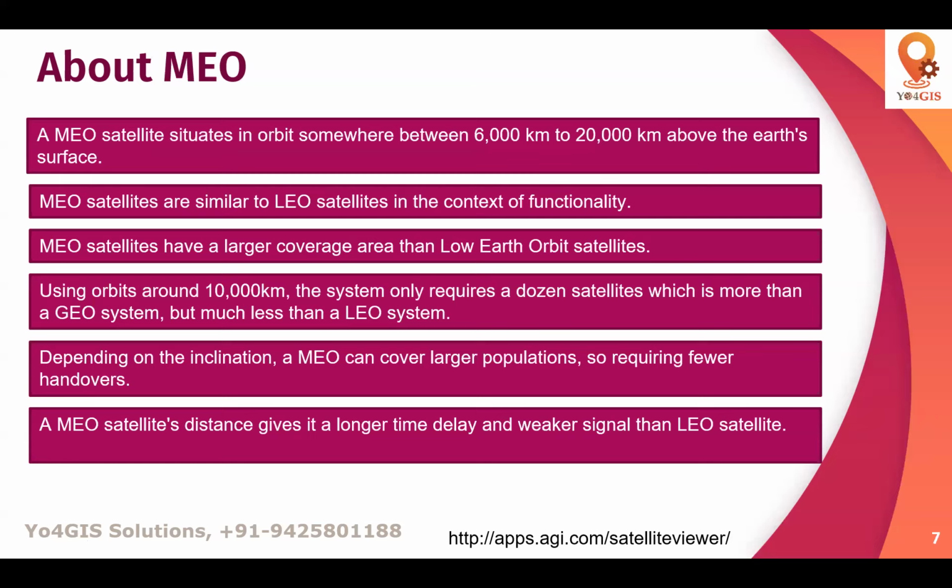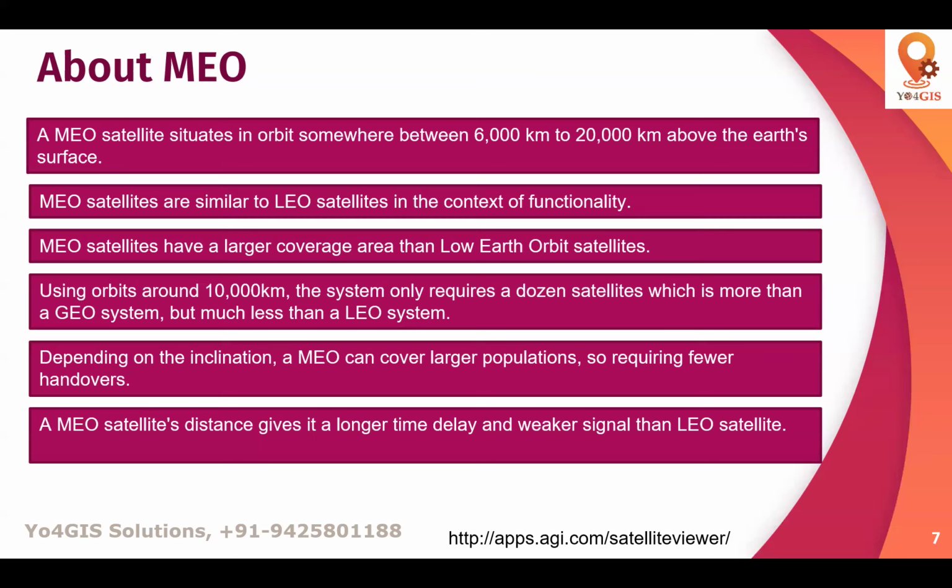MEO satellites have a larger coverage area. Logically, a low orbit satellite basically covers a small area, but as we go to higher altitude, a MEO satellite is going to cover a bigger area than LEO.